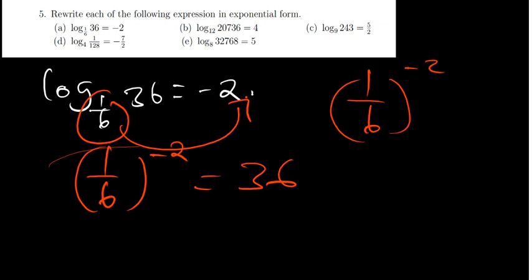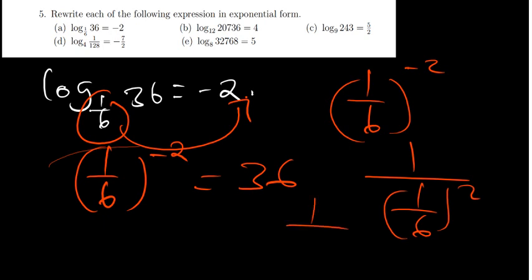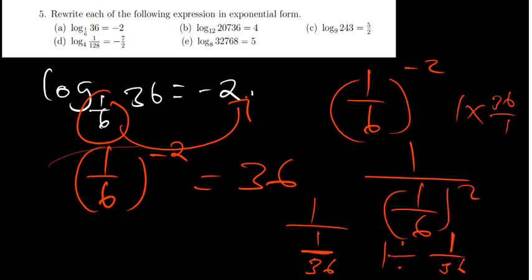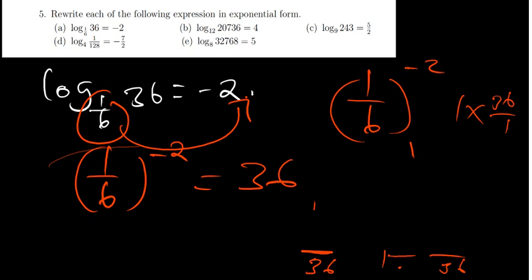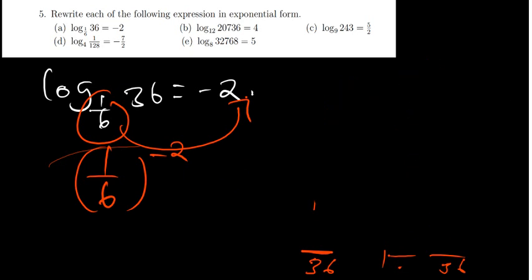If I want to remove the negative, like we said in question 1, this is going to be to the power 2. So we have 1 over, 1 squared is 1, then 6 squared is 36. So it's 1 divided by 1 over 36, which is 1 times 36 over 1, which is 36. It's true. So coming from log to exponential is very easy.